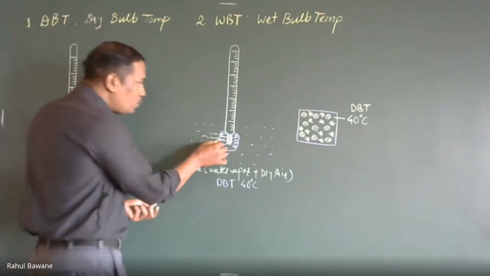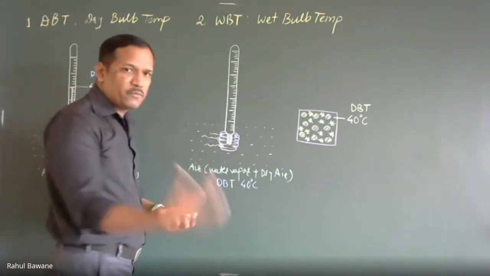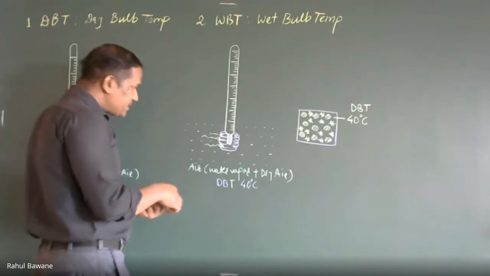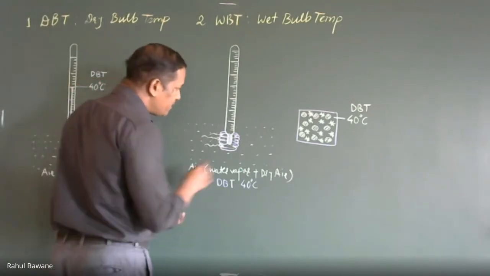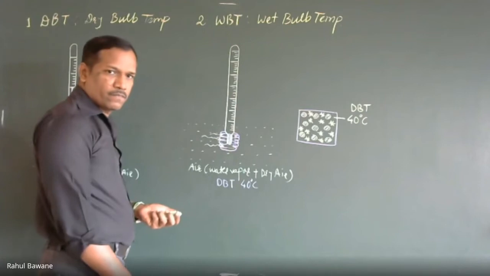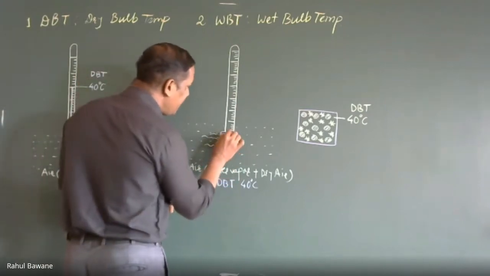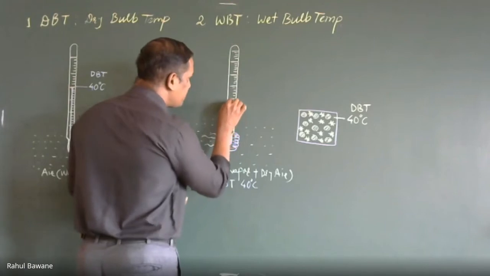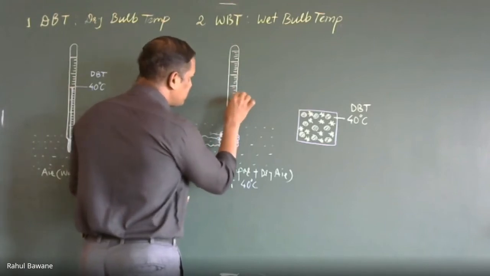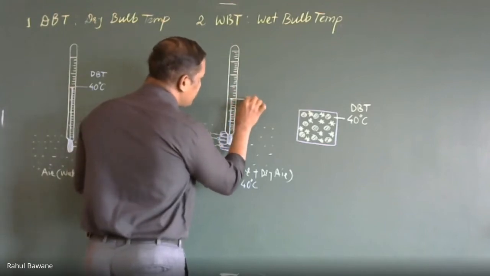Now this cooled air having a higher moisture content comes in contact with this mercury bulb. Now definitely mercury will sense a lower temperature, and suppose this is showing 30 degrees centigrade.